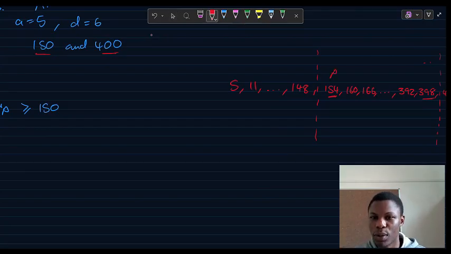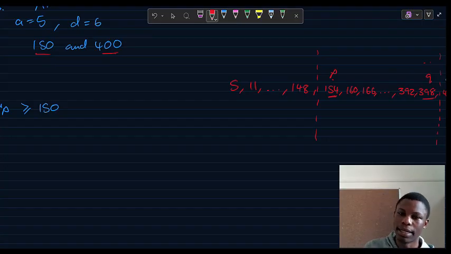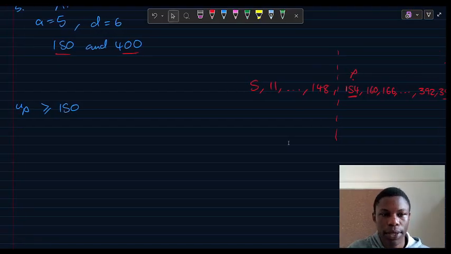This is what I've called P, and this is what I've called Q. We need to find what position P actually is, because once we have that, then I'll know the first term that fits within this range they've given us. If I find Q, I'll know the last term that's in this range. And once we have that information, it's very easy to get the sum.